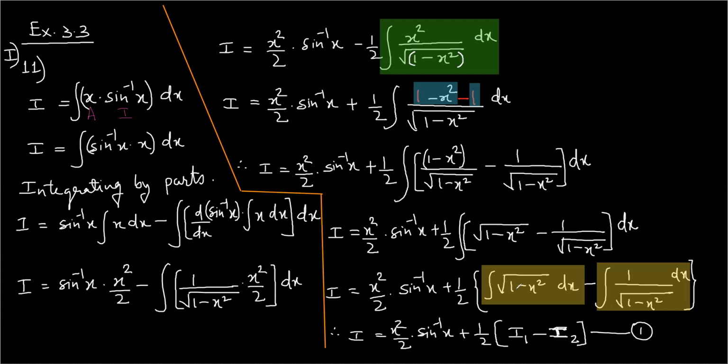Now I consider I1. I1 is equal to integral square root of 1 minus x square dx. You know what I do? I take this 1 as 1 square, because 1 square is equal to 1. And then I will apply the result that we just derived.